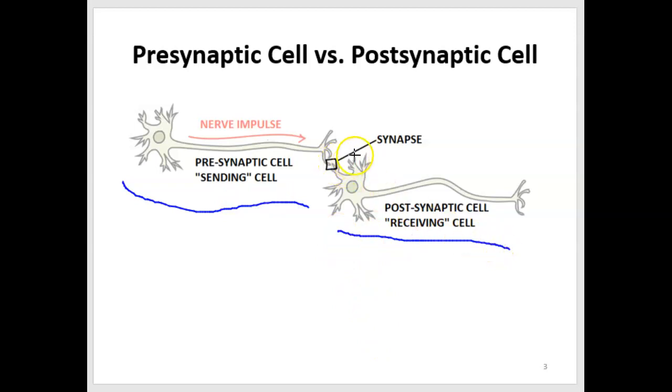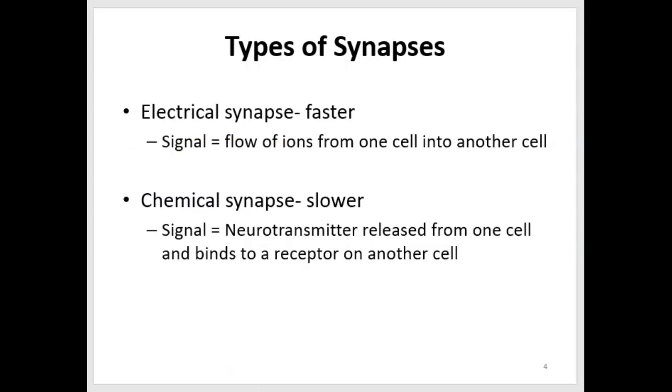And the junction, the place where they meet, is called the synapse. Sometimes the axon terminal will form a synapse on a dendrite. Other times, an axon terminal will form a synapse right on the cell body of the postsynaptic cell. So there are different types of synapses.